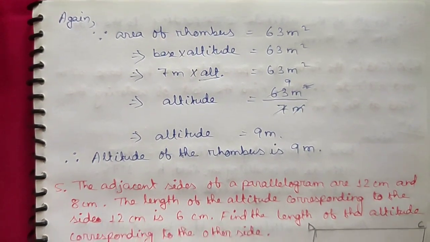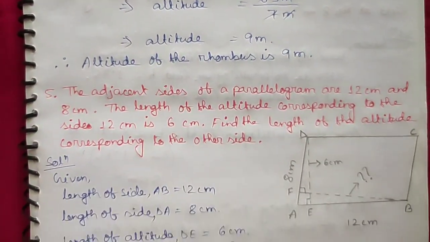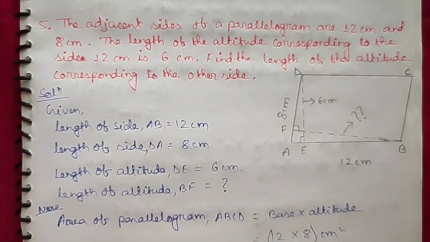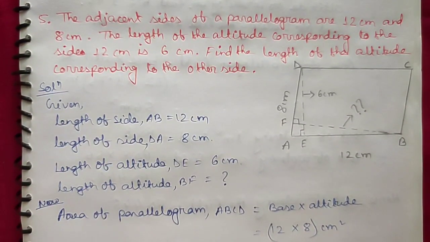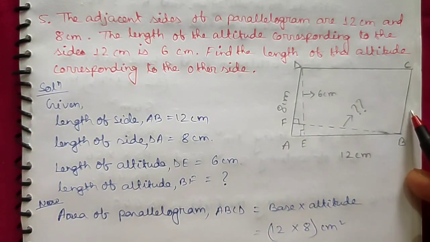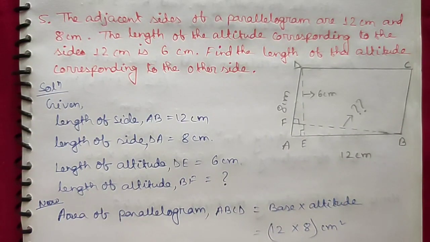Now the fifth question. The adjacent sides of a parallelogram are 12 centimeter and 8 centimeter. It means there is a parallelogram in which the adjacent sides are, suppose, this one 12 centimeter, and this one 8 centimeter. These are adjacent sides.